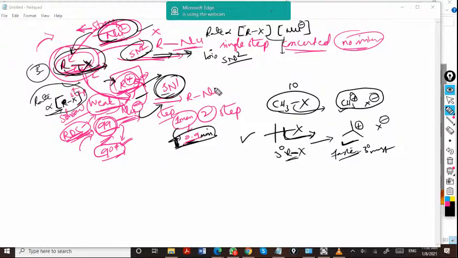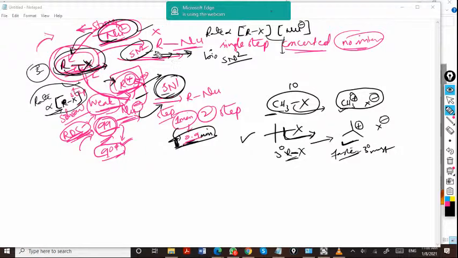If it is a strong nucleophile and a secondary alkyl halide, then of course the nucleophile needs to attack before the halogen leaves, so it is going to be SN2. If the nucleophile is weak, the halogen is going to break off, the carbocation is going to generate, and it will follow SN1. So this is about the starting material criteria, and that was about the nucleophile criteria.